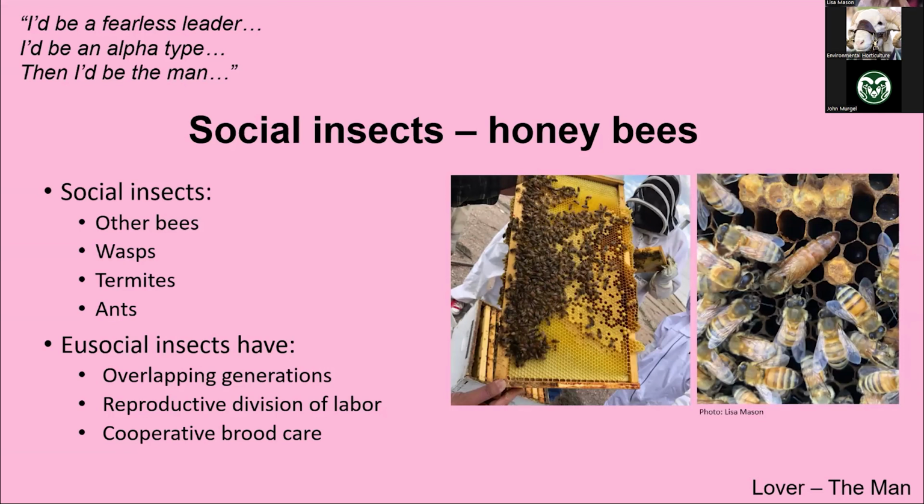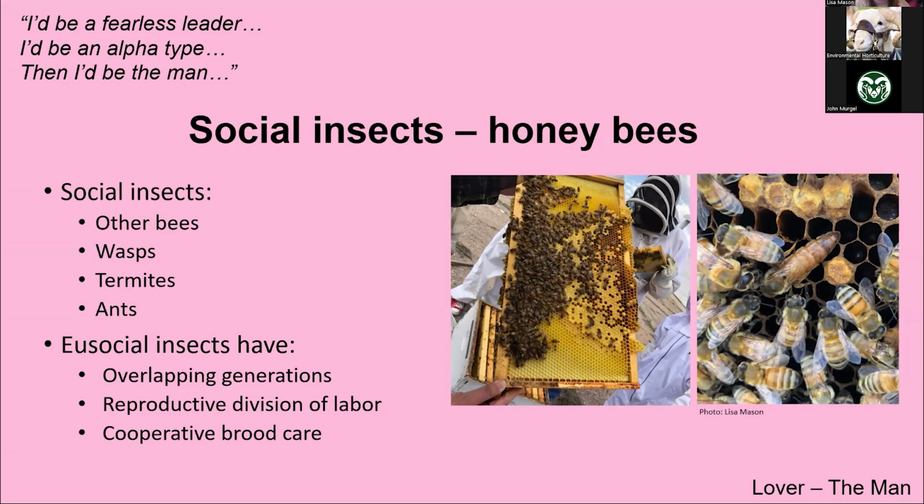Okay, so Taylor's got a song called The Man, and this is something that social insects do not have to worry about at all. That is because social insect colonies are run by the females. This pertains to honeybees, some of our other social bees, some social wasp species, termites, and ants.